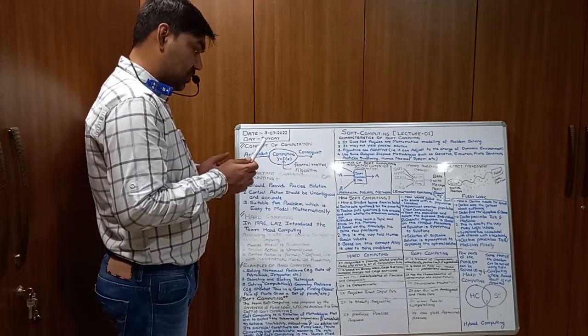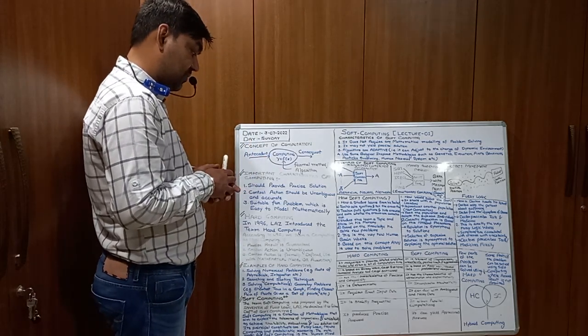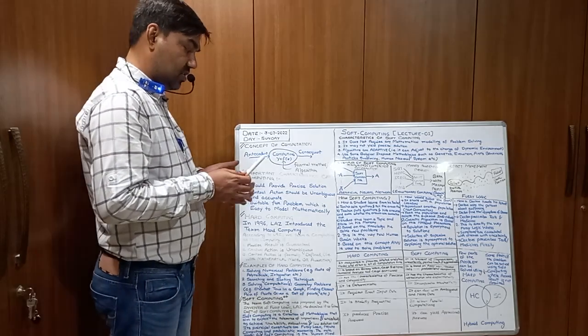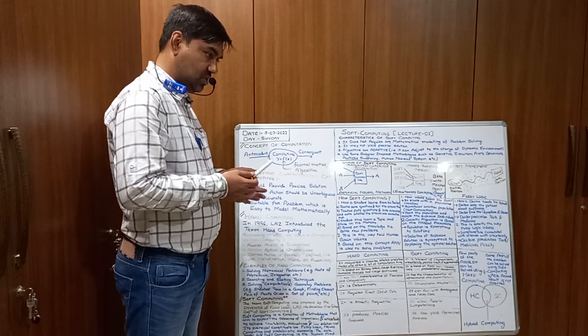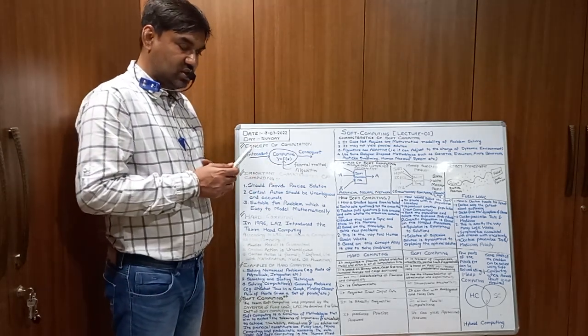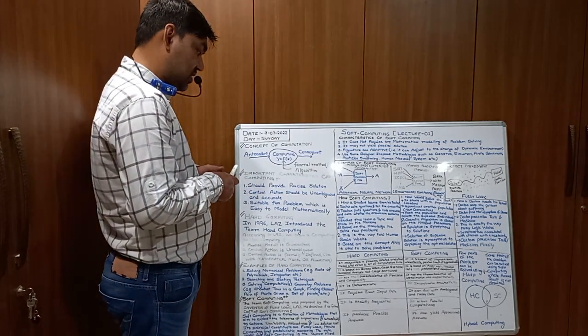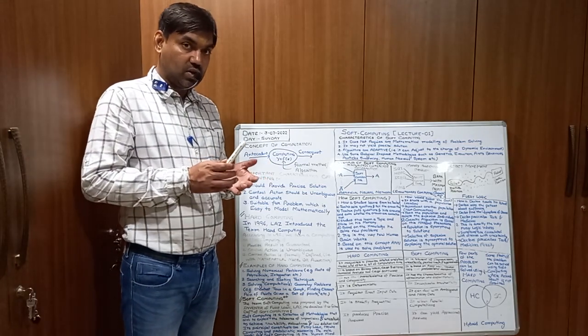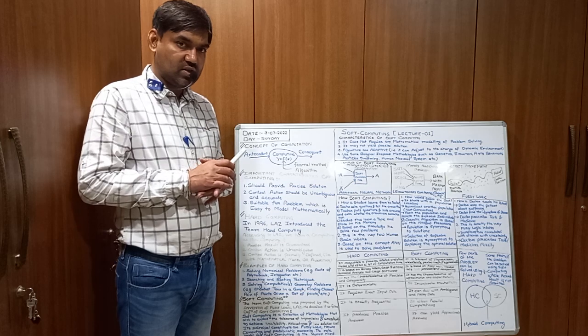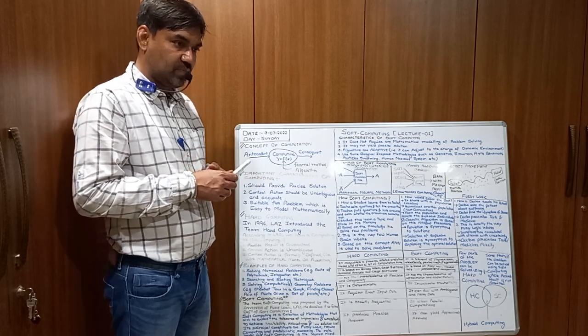Then examples of hard computing. Many examples are there, out of which we will be discussing three sections. The first section is solving numerical problems. When I say solving numerical problems, I am addressing mathematical problems.